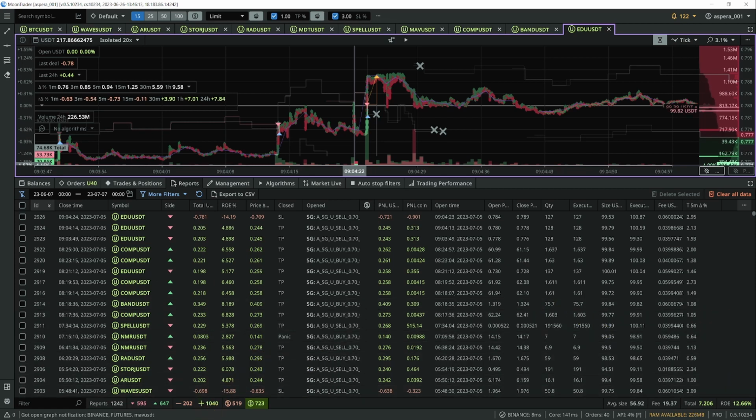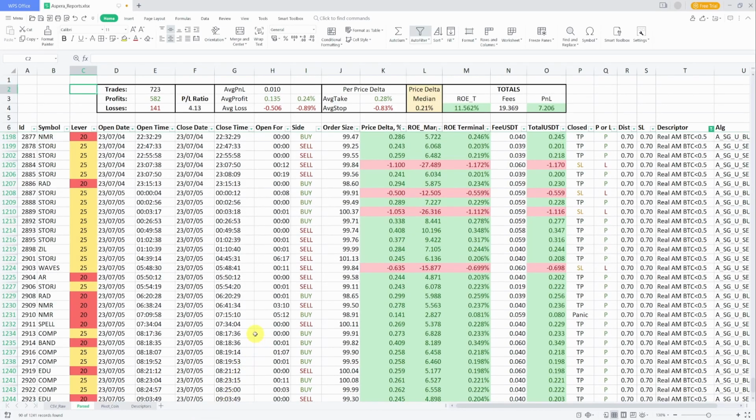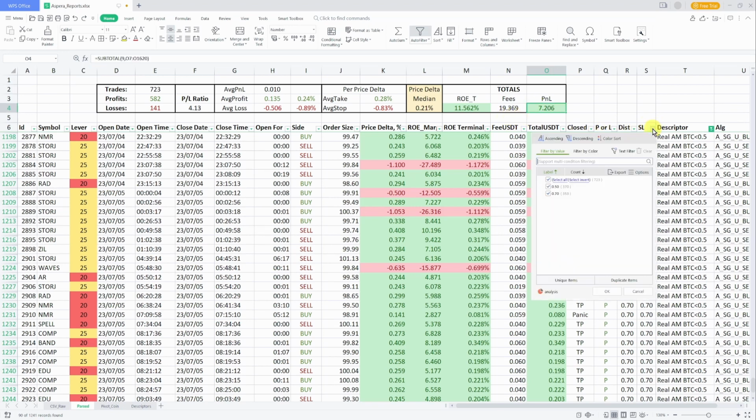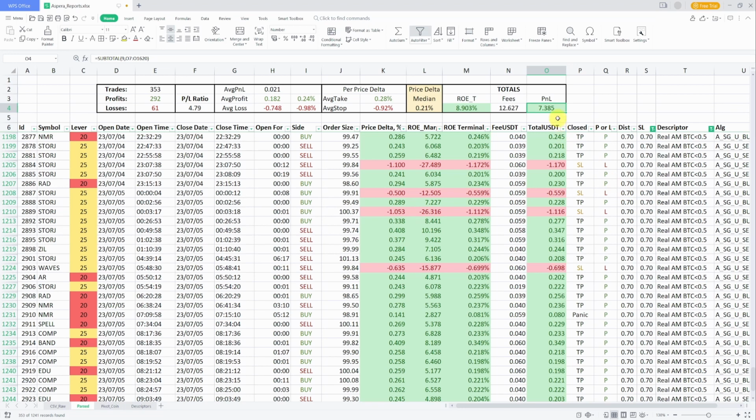Now let's go to the reports and we'll be able to cut this data in several different ways. So here again is the same number, 7.2. Now let's take only the most recent trades where I have increased my stop loss to 0.7. And yeah, the results are pretty much the same because on the smaller stop loss I was losing money.